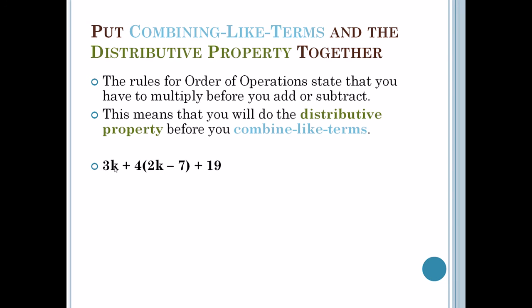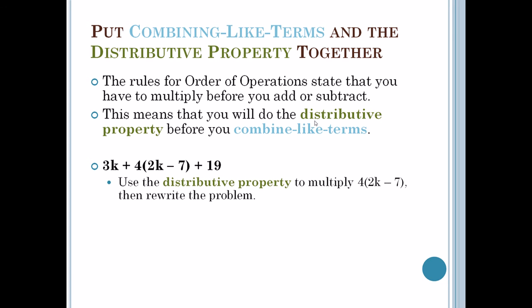Woo! Look at this doozy here. 3k plus 4, parentheses, 2k minus 7, parentheses, plus 19. So did you clue in that right here in the middle of the problem is where you're going to need the distributive property? Absolutely. And that's the first thing you need to do.